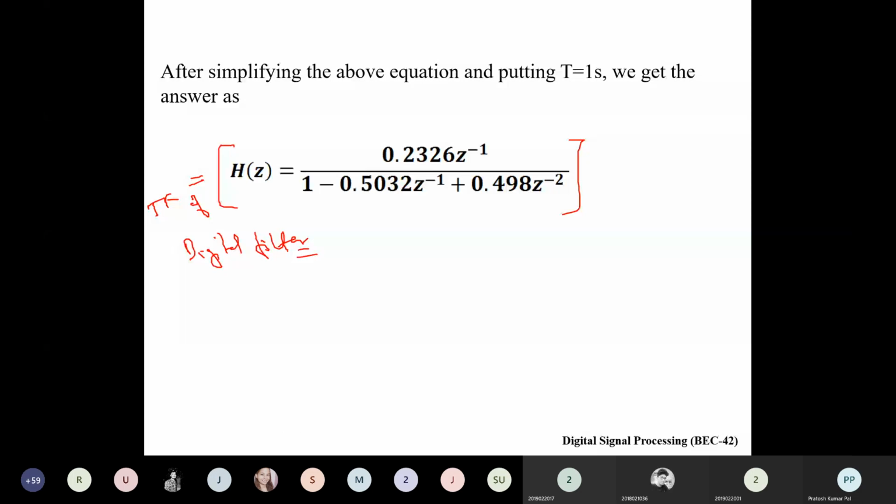So based on that, we will be taking some examples, and we'll try to solve it. Okay.